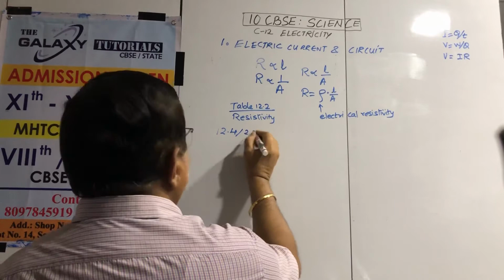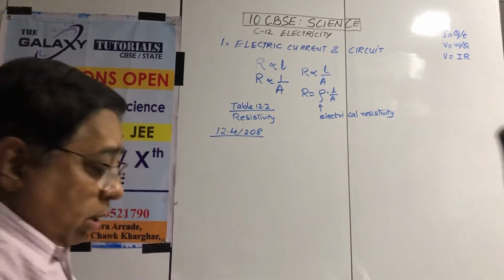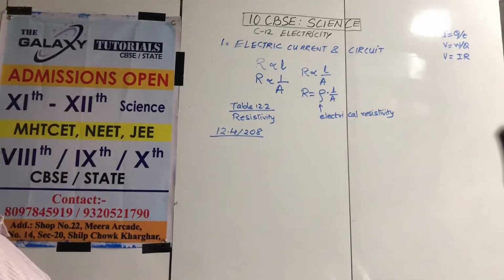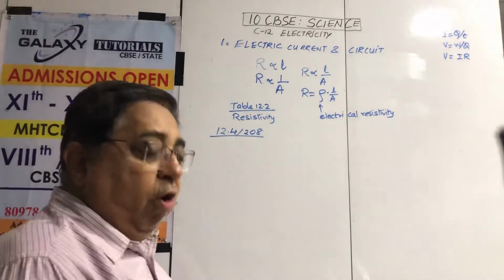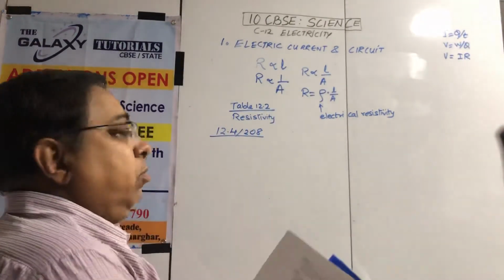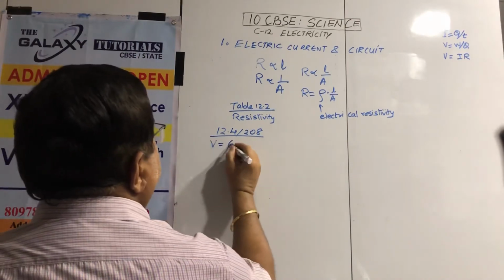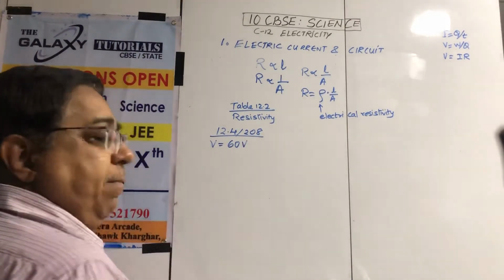On page number 208 of your textbook it says the potential difference between the terminals of an electric heater is 60 volts when it draws. So first, always read and write simultaneously.